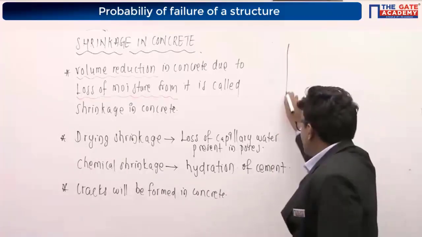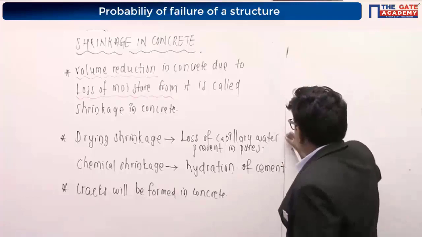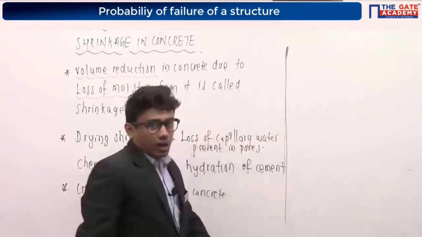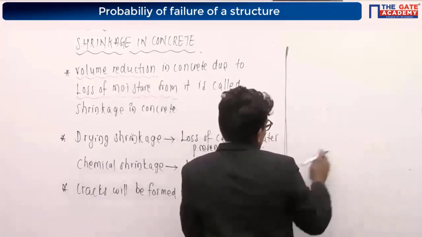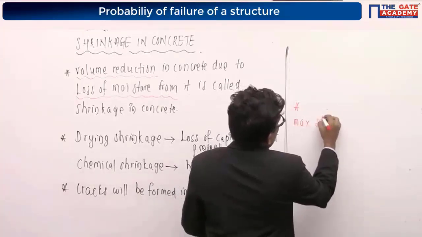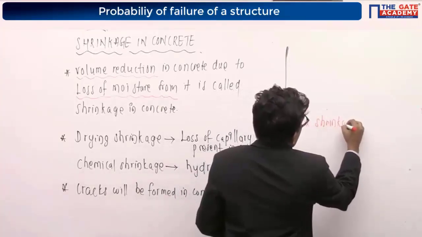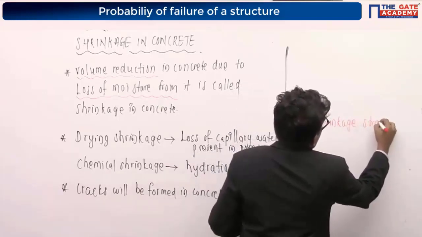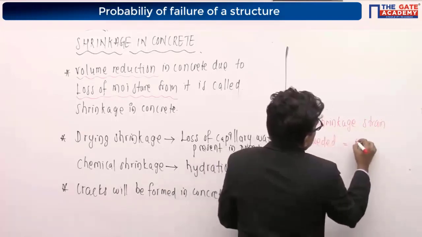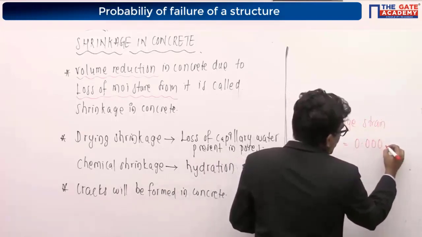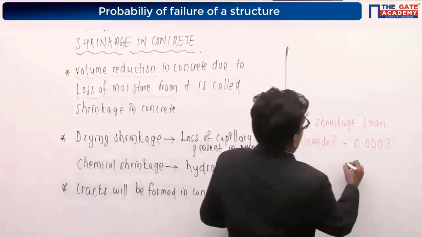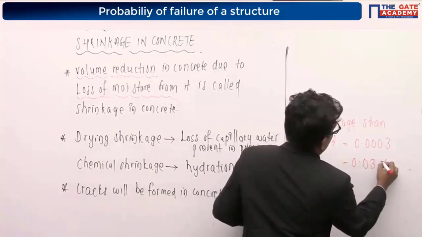And our IS code is suggesting that we cannot completely avoid this shrinkage of concrete, so our IS code suggests that the maximum shrinkage strain allowed in concrete is 0.0003, or we can say 0.03%.